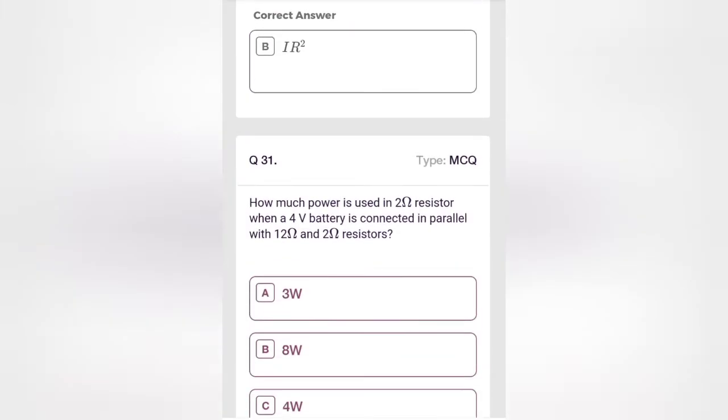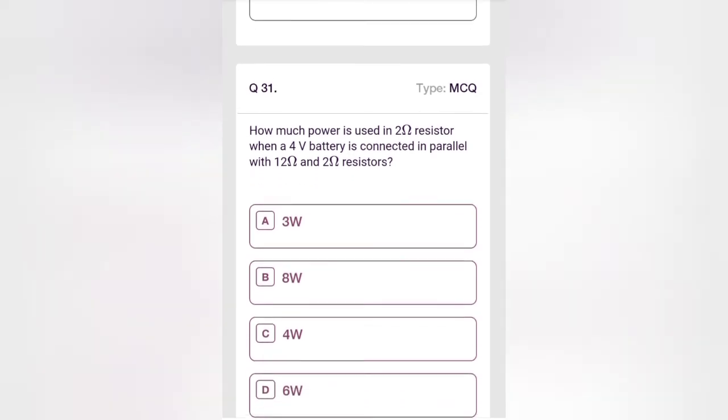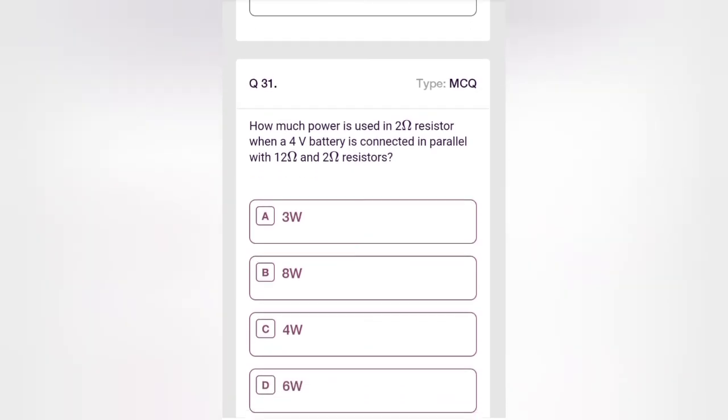How much power is used in the 2 ohm resistor when a 4 volt battery is connected in parallel with 2 ohm and 12 ohm resistors?